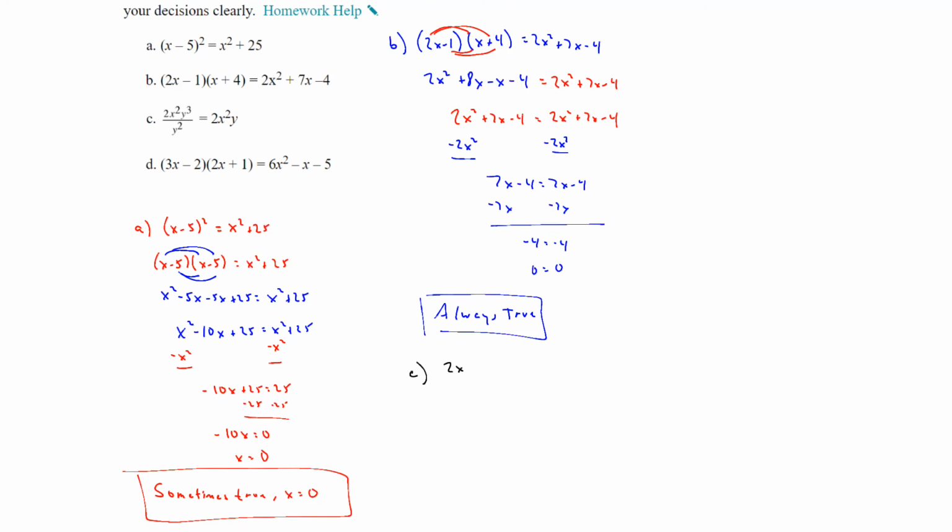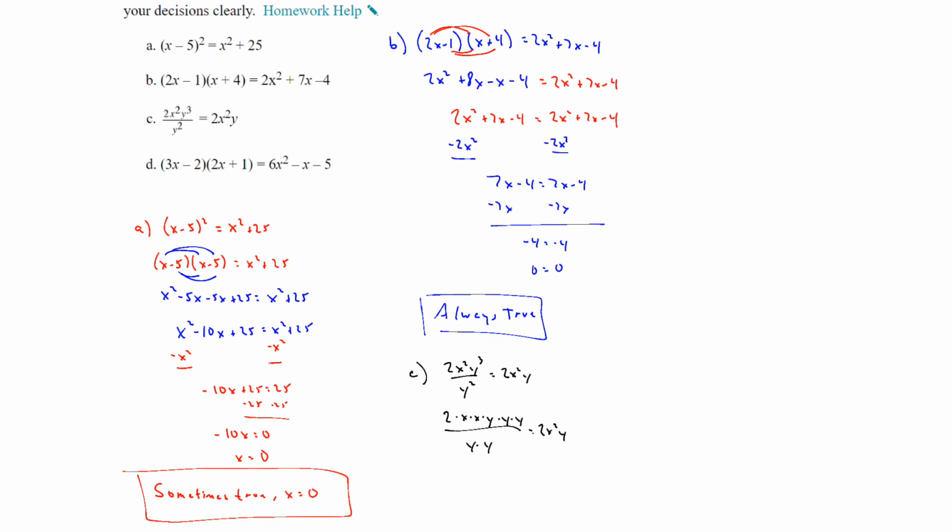We have 2x squared y cubed over y squared is equal to 2x squared over y, or 2x squared y. So we need to simplify the left side, and I'm going to do this because I think it's easier to see a lot of times by expanding these out and then seeing if we get what the right side is.